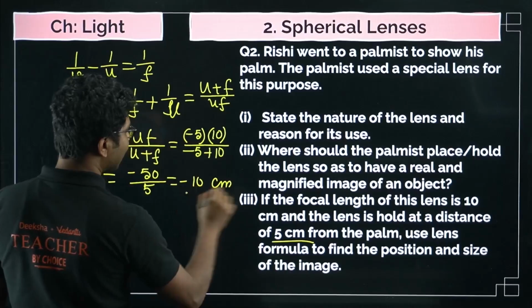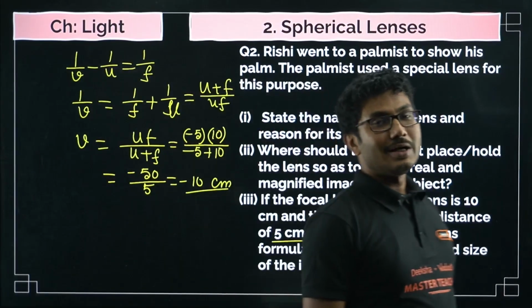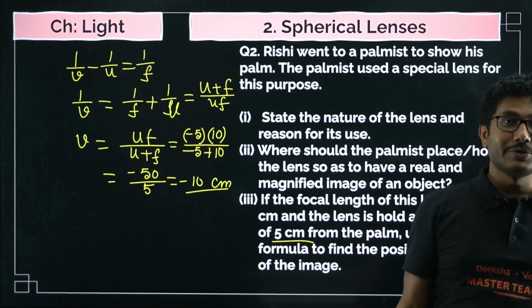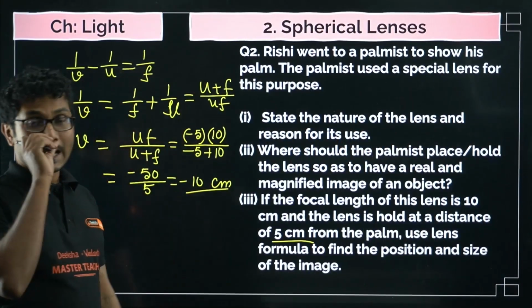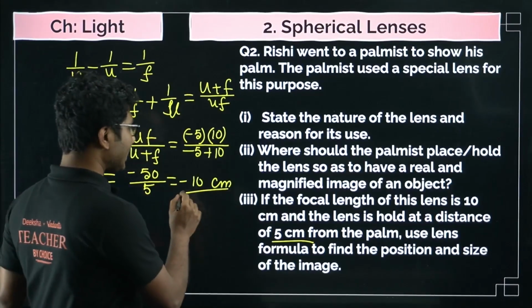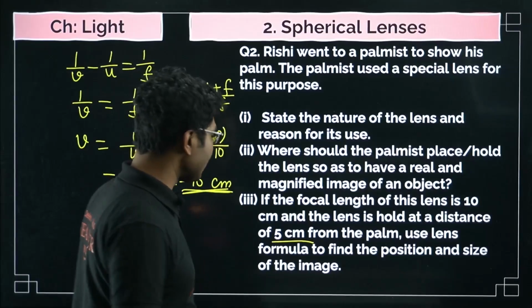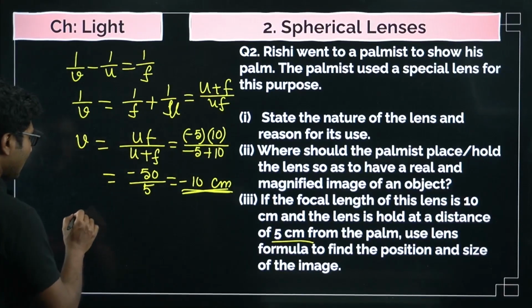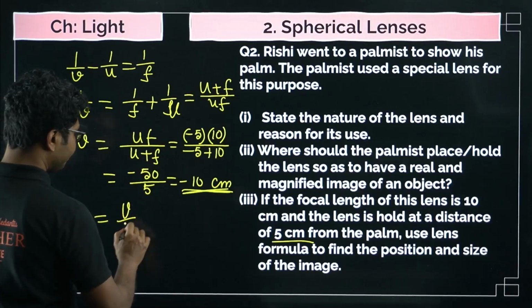Okay, so minus 10 centimeter, because it is negative, means it is on the same side as the object, that means it's a virtual image. Okay, for lenses, if the image is on the same side as the object, then definitely it's a virtual image, right? So it's a virtual image. Position, size is simple. Magnification basically is given by v by u.